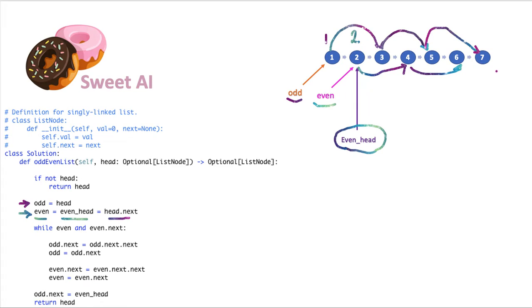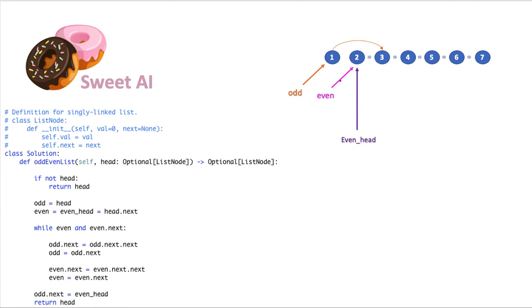And at the end, we are going to point the final node with odd index to the first node with even index, right? So this is how we are going to do it, and let's go through this solution with visualization to make for a better understanding.